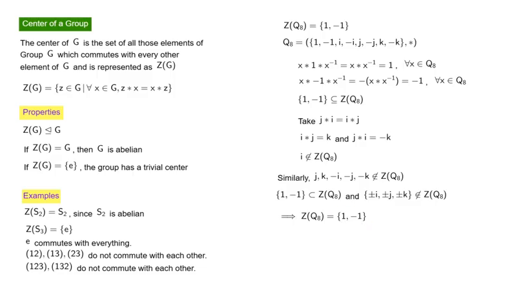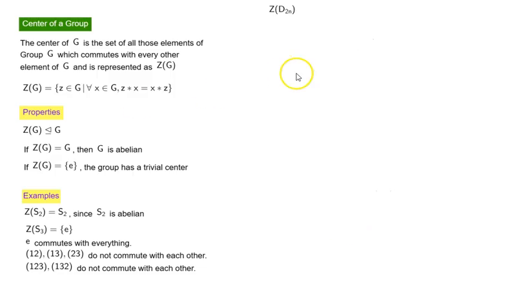Now let's look at another example. Let's look at the group D2n, the dihedral group of order 2n. Now D2n is equal to the group generated by rotations and reflections, where r to the power of n is equal to e, s squared is equal to e, and s r s is equal to r inverse.